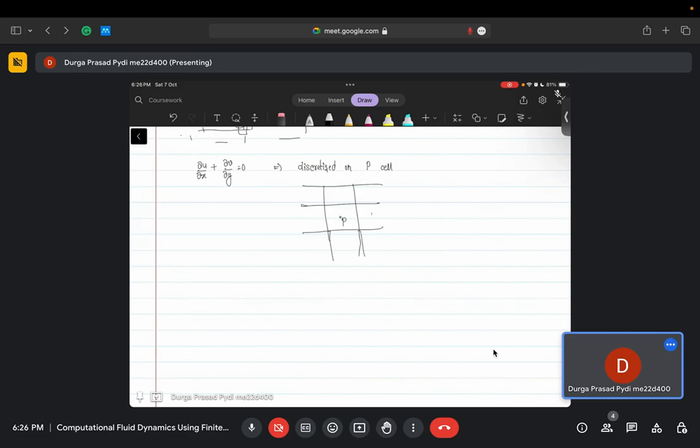this is my P cell. East, west, or okay, just to be familiar with it, if I read east and west you might get confused, so I will just use indices, so that it will be easy for you to later implement your own codes.